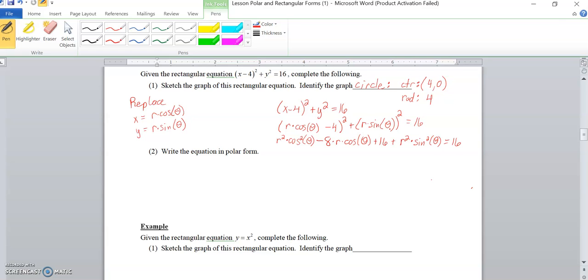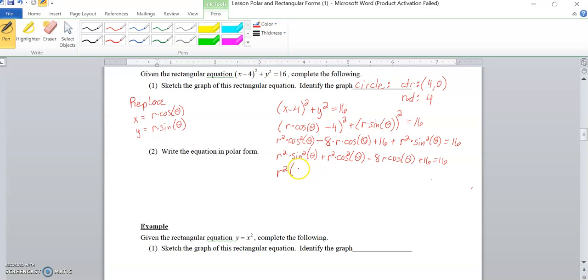We have that idea of the Pythagorean identity, sine squared plus cosine squared. So let's see if we can get those squished together. I've written the r squared sine squared first, plus r squared cosine squared, and then minus 8r cosine theta plus 16 equals 16. When we look at this, we can factor out an r squared from the first two terms.